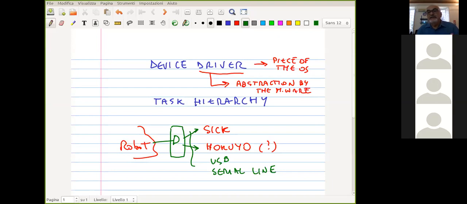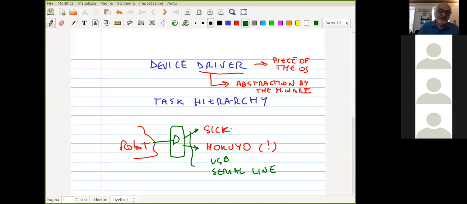Normally we consider serial line communication a very old style of communication, but it's still in use in industry because it's very robust from the point of view of mechanics, stresses, and electrical noise.